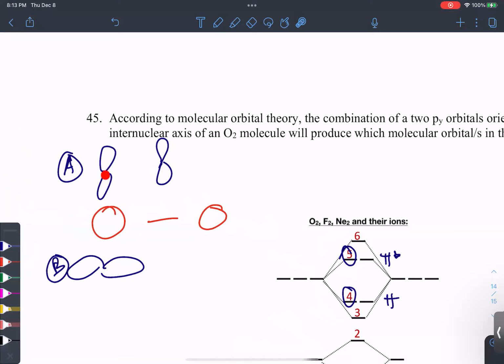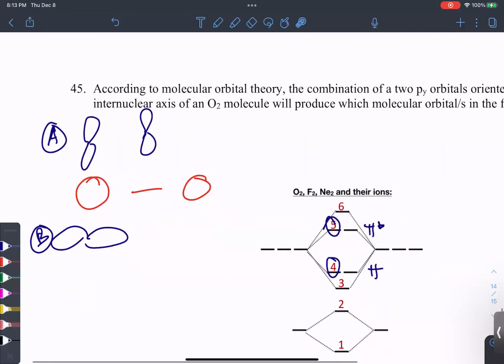These are 2 atomic orbitals that we're combining, so how many molecular orbitals do we get out? 2. One of them is going to be bonding, in phase, and one of them is going to be antibonding, out of phase. That's why the answer is 4 and 5, because 2 wave functions go in, 2 molecular wave functions come out. Yeah, that's linear combination.